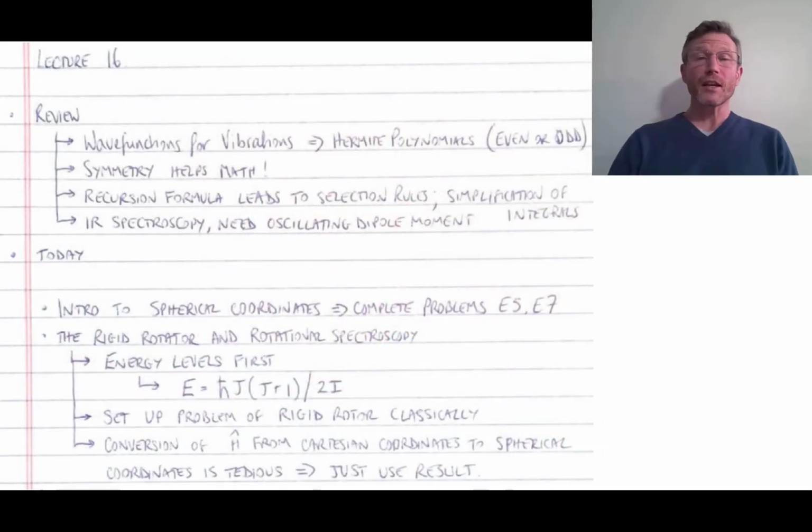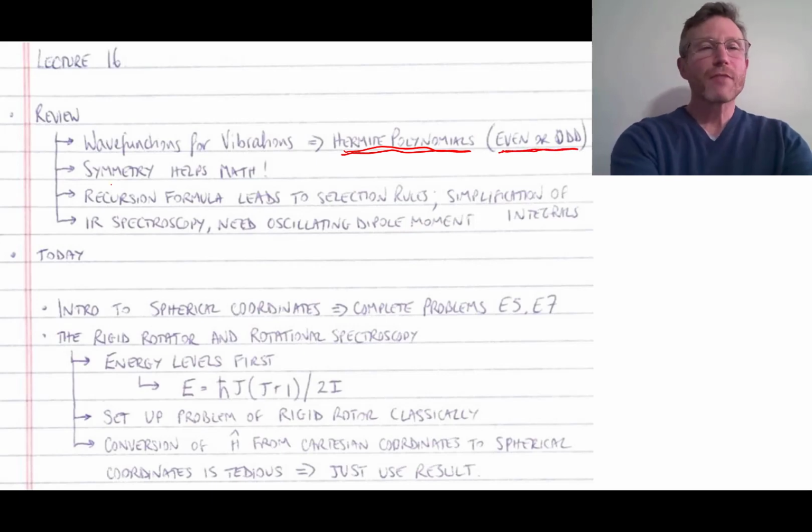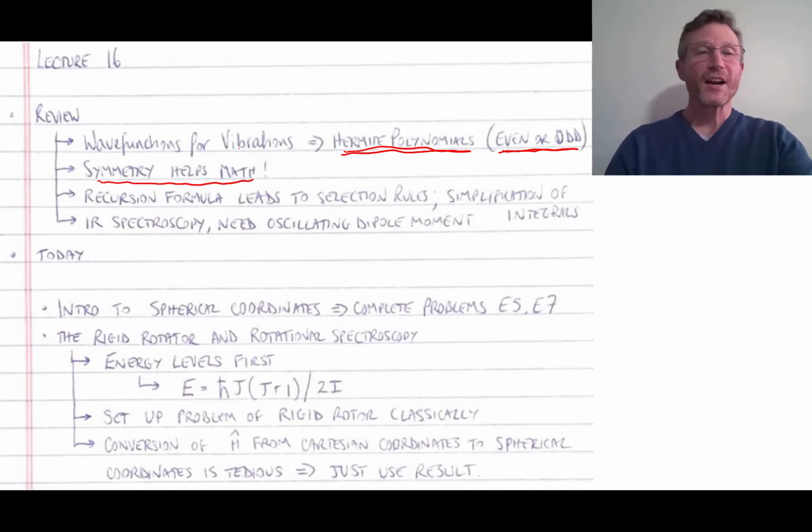So we've been looking at chapter 5, which was on the harmonic oscillator. We've considered the wave functions for those vibrations. We've just finished by thinking about these Hermite polynomials, and we've described them in terms of even and odd functions. We recognize that the symmetry actually helps us with the math. We can go very qualitative in here so that we don't have to do a full solution to some of the integrals.